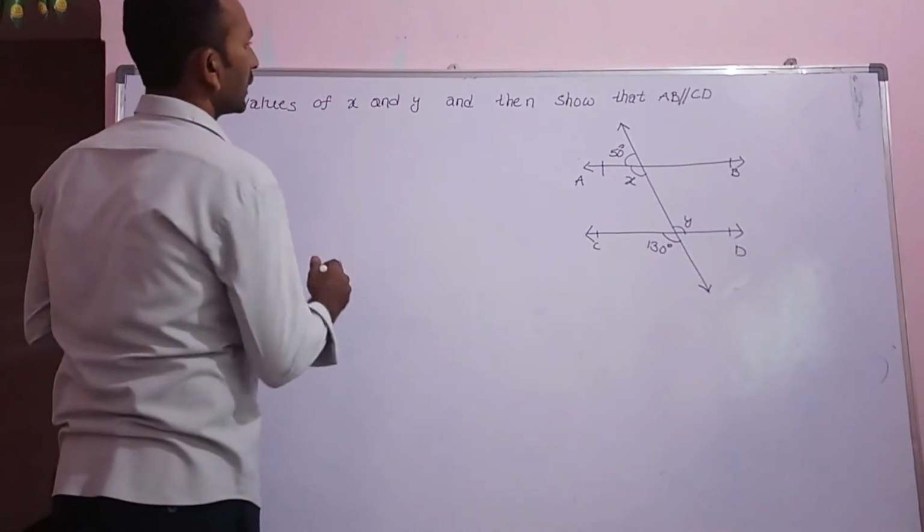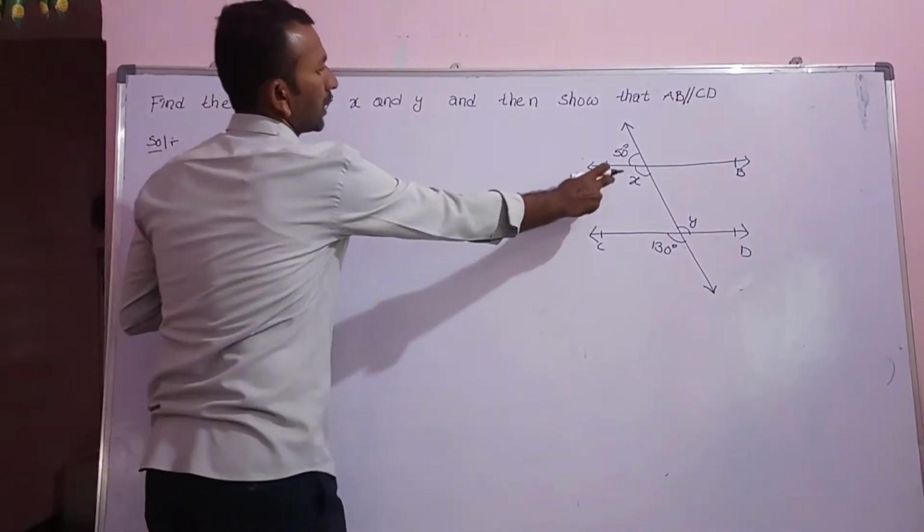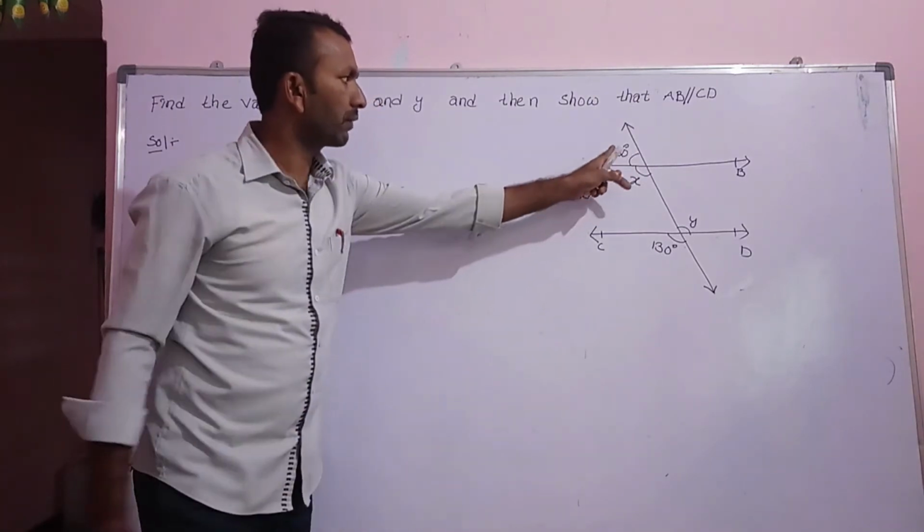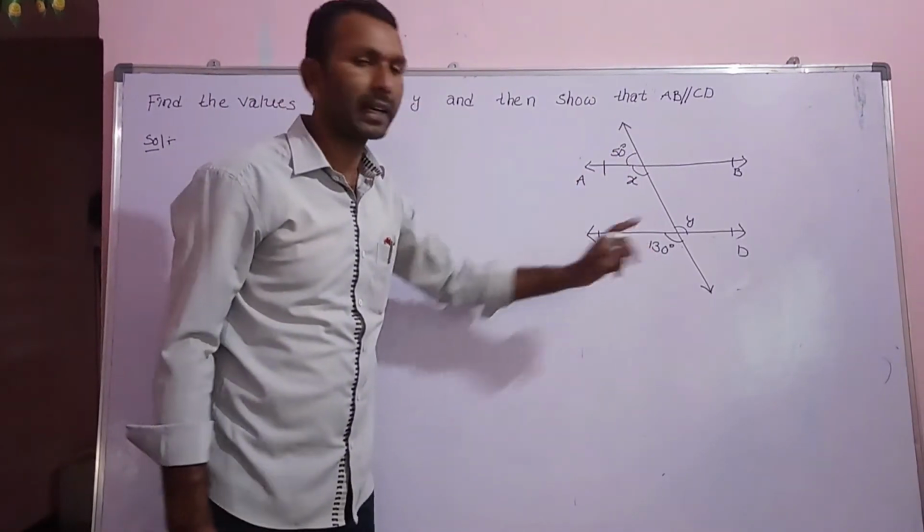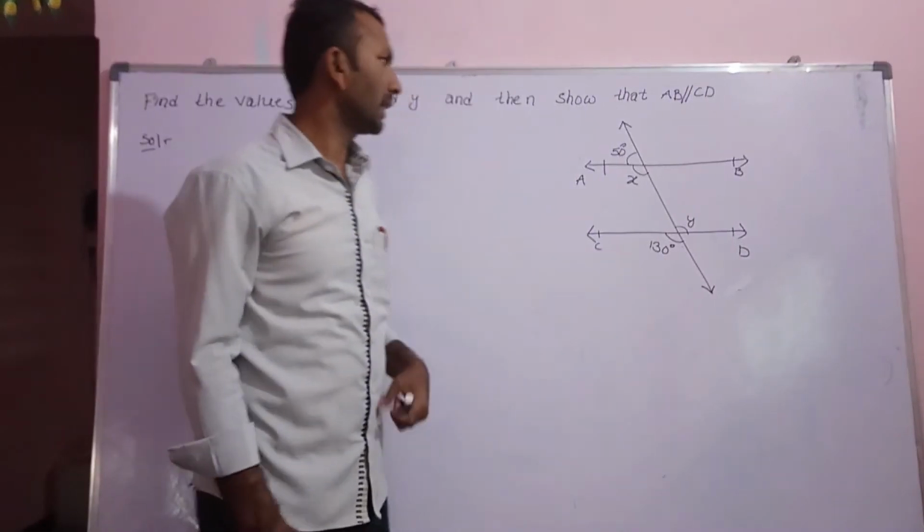Now write what is given here. Some angle is given as 50 degrees and another angle is given as 130 degrees.